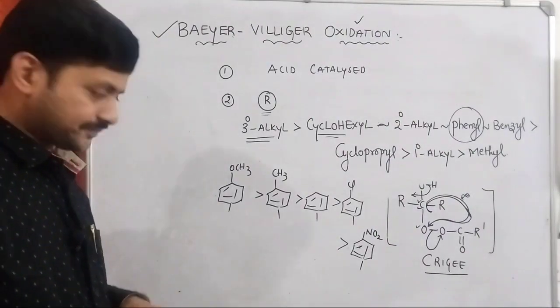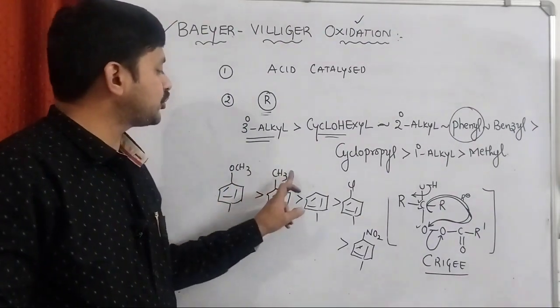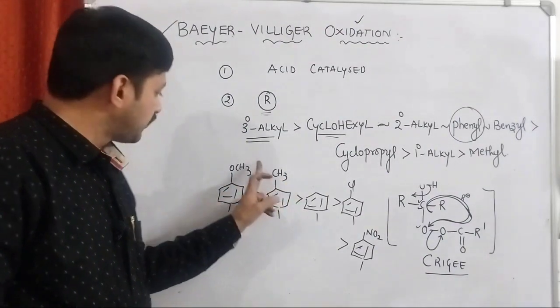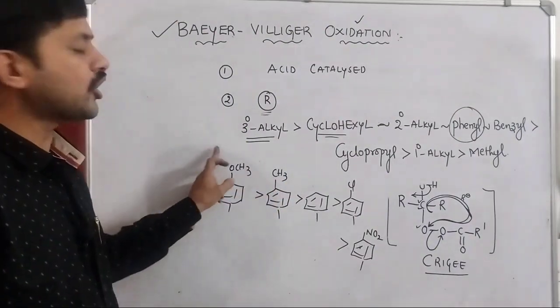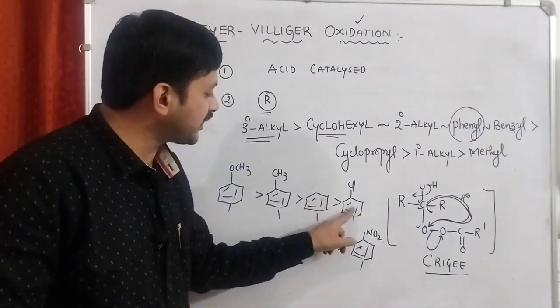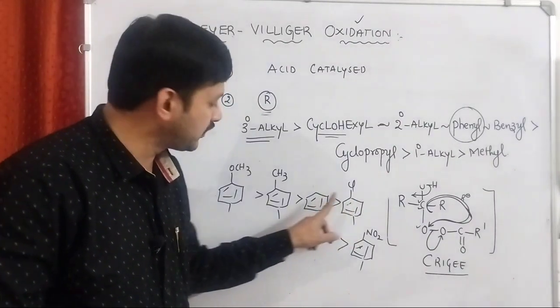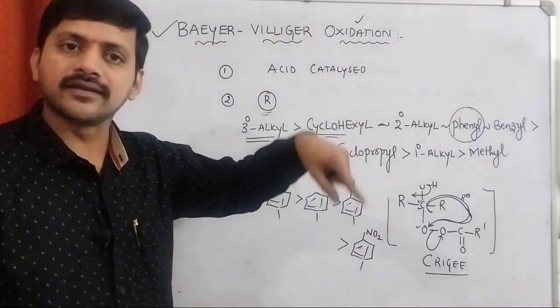It means that if a ketone contains both methoxy substituted and methyl substituted, which one will be migrated? Methoxy group will be migrated first. Suppose you are in competition with phenyl and chloro substituted one, what will happen? The phenyl group will be migrated.